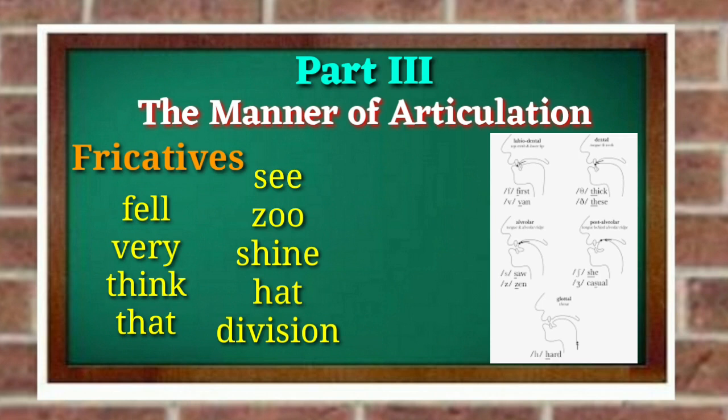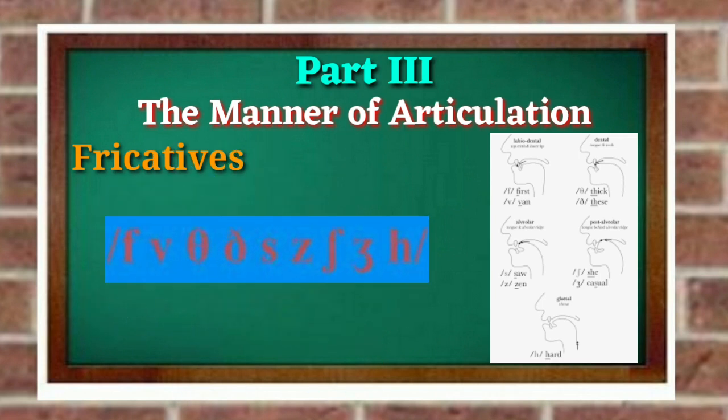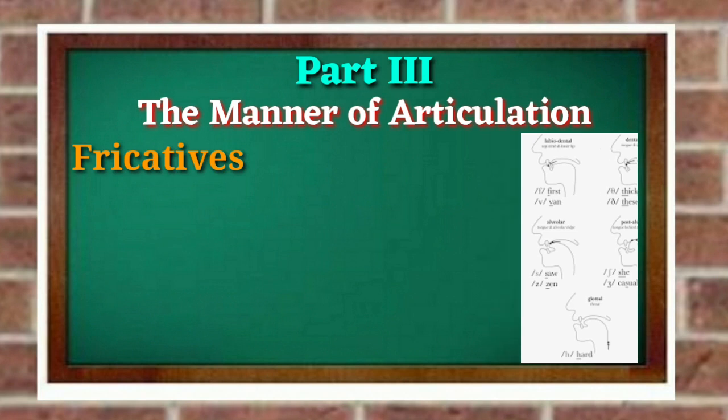So these are the fricatives in English: f, v, th, th, s, z, sh, zh, and one more is h, as in "her". So these 9 fricatives appear in English.